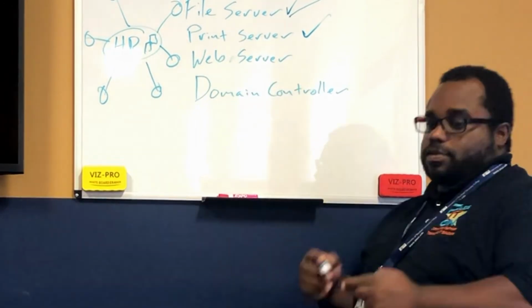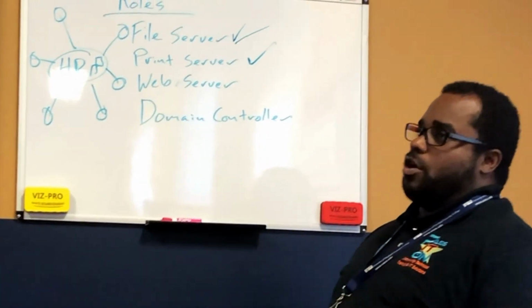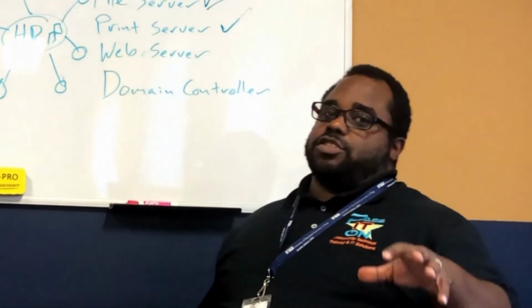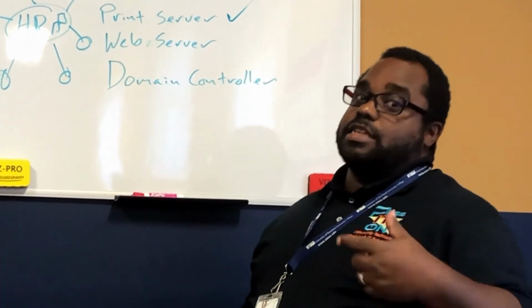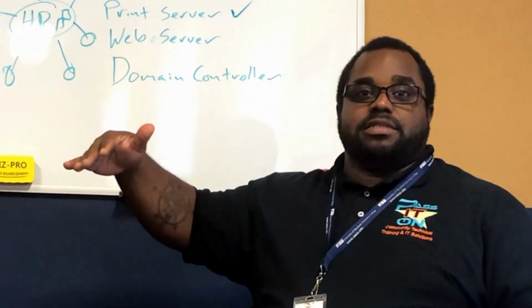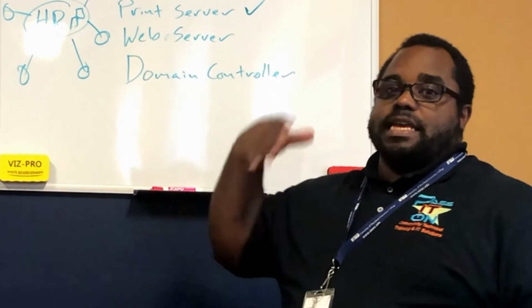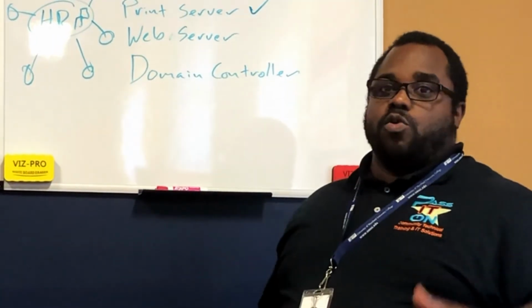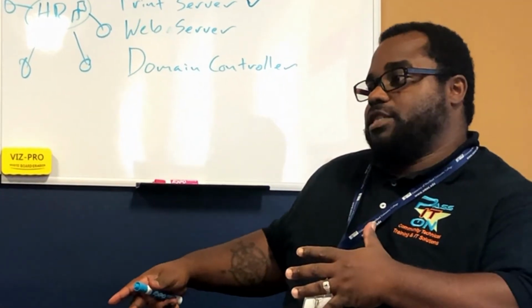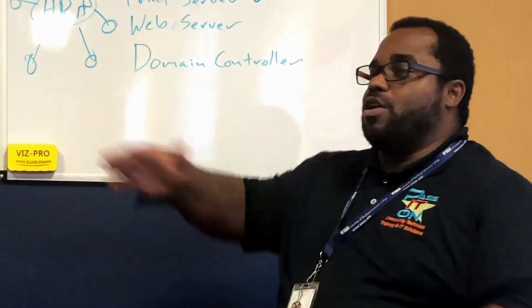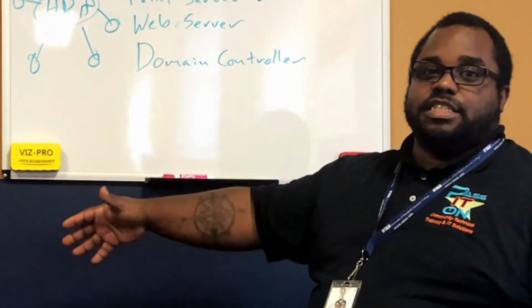Next is a web server. So if I'm either hosting internal or external websites, there's going to be extra software components that have to get installed on top of the base server operating system. When I activate that web server role, it gives me the ability to allow my server to communicate over port 80 HTTP or port 443 HTTPS.